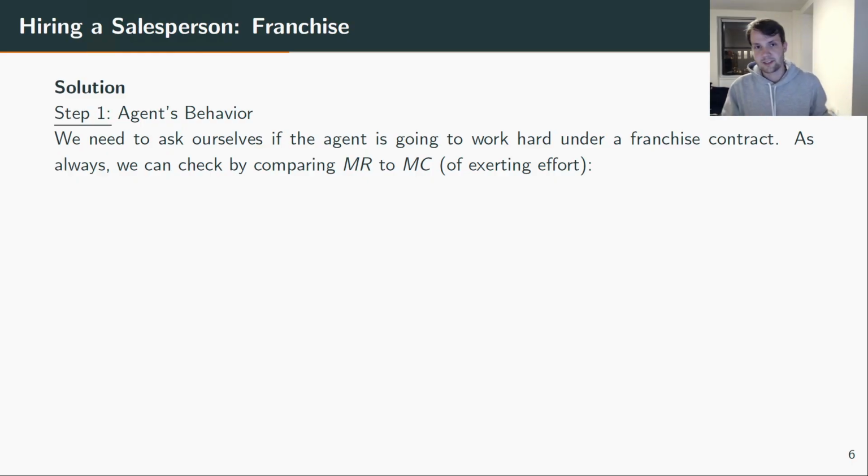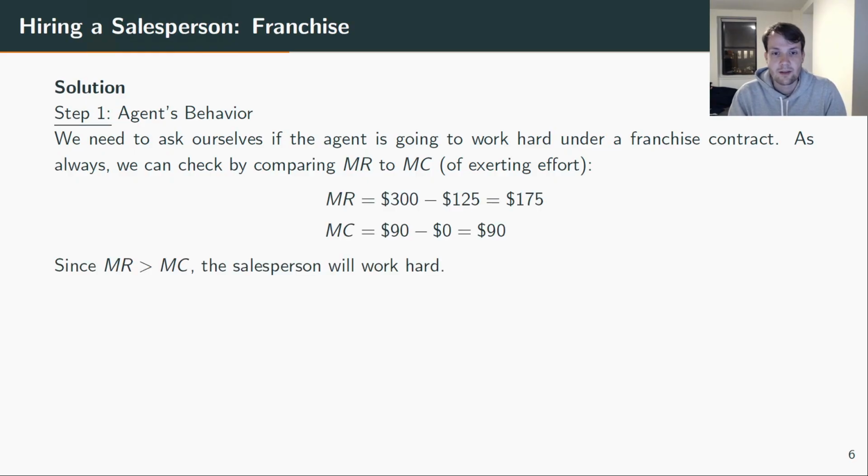We're going to follow the exact procedure that I outlined previously, and we're going to start with the agent's behavior. So we need to start by asking ourselves if the agent is going to work hard under the contract or not. Since we know it's a franchise contract, they keep everything, so comparing marginal revenue to marginal cost is very easy. The marginal revenue of working hard is how much more money they are going to keep.